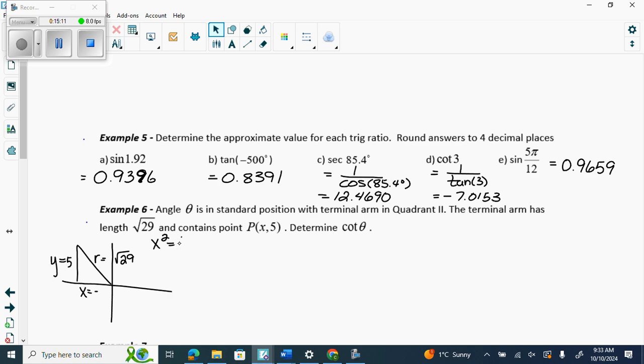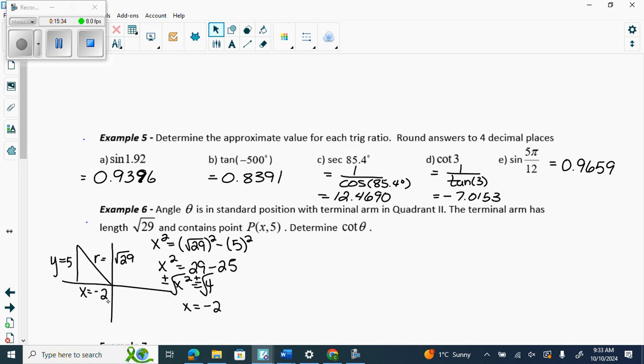So x squared equals root 29 squared minus 5 squared. X squared equals 29 minus 25. X squared equals 4. Square root, plus or minus. And because I drew it, I know it's negative 2.